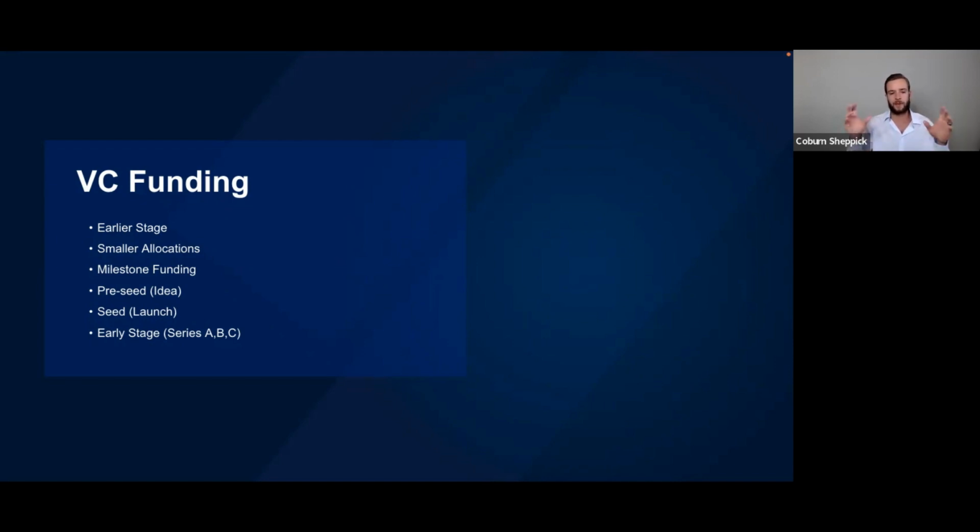So the main differences between private equity and venture capital: they're both investing in specific sectors and industries, like energy or tech. They're both the same in that scenario. They both have similar structures with general partners, limited partners, and waterfalls.